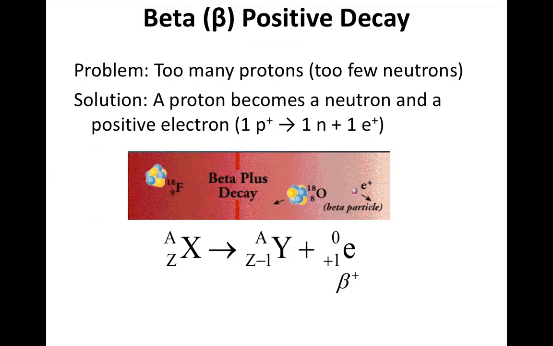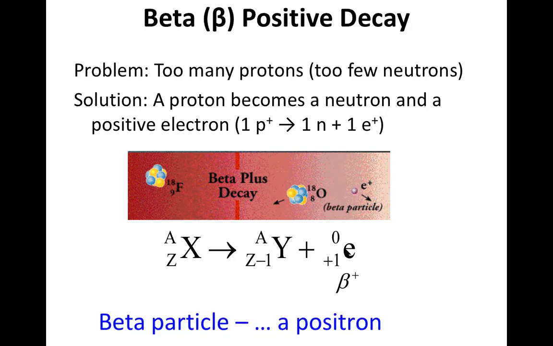Okay, the next type, we've got beta positive decay. The emitted particle is a positive electron called a positron. It sounds like something out of Transformers, but it's true. So a positive electron is a positron. The problem was that there were too many protons or too few neutrons, and the solution is that one of the protons becomes a neutron and a positive electron.